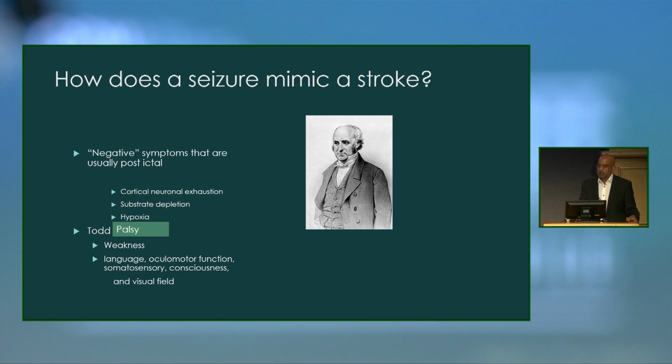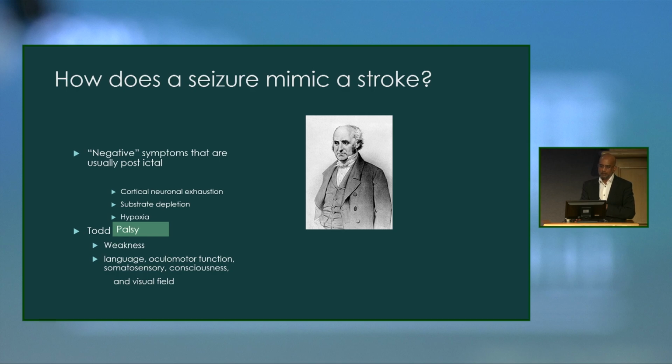This was named after Robert Bentley Todd, who was born in Dublin in 1809. He studied at Trinity College, then went across and studied at Oxford, was a neurophysiologist, and then worked at King's College Hospital in London.